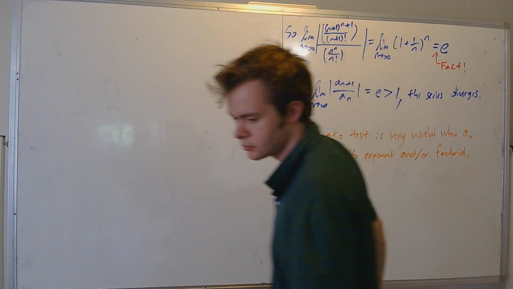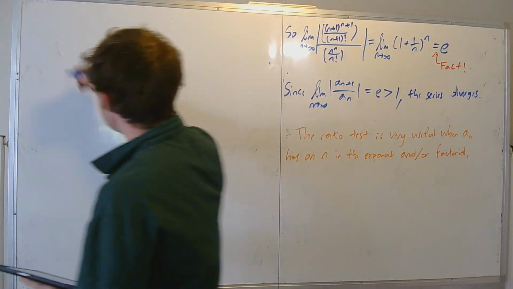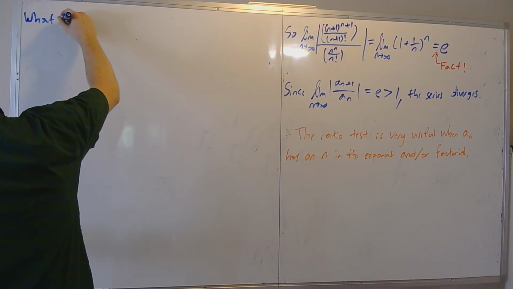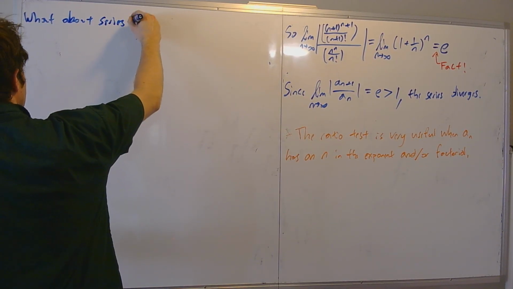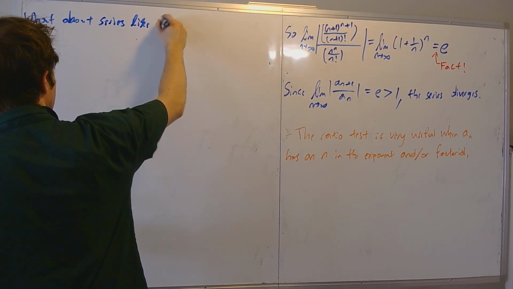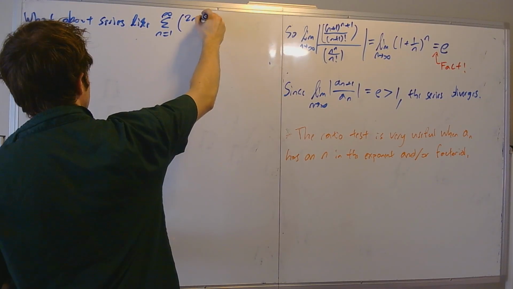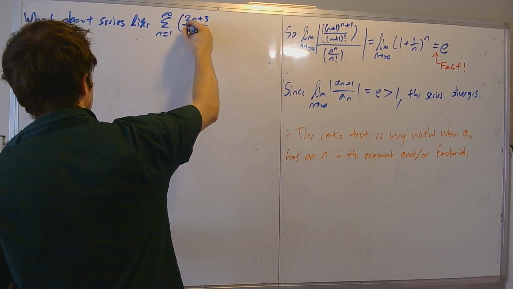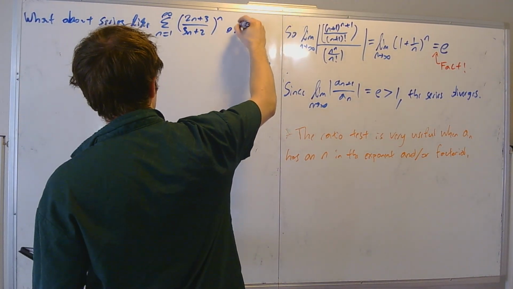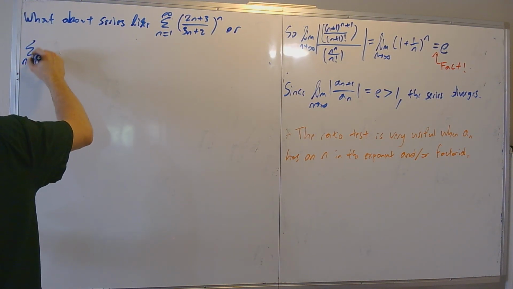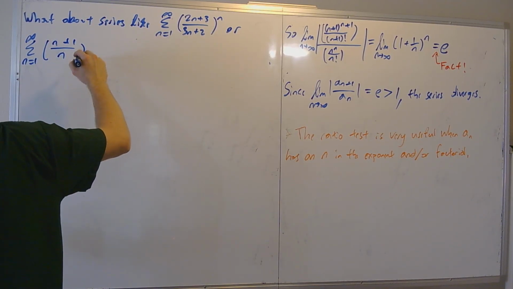Okay, so we can ask, what about series like, let's say we had the sum from n equals 1 to infinity of (2n plus 3 over 3n plus 2) to the power of n, or let's say we had the sum from n equals 1 to infinity of (n plus 1 over n) to the power of 2n.